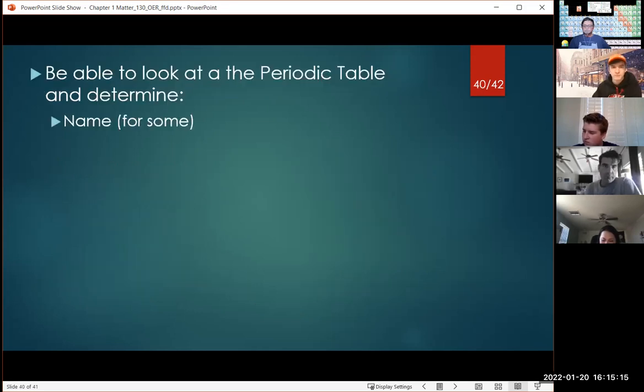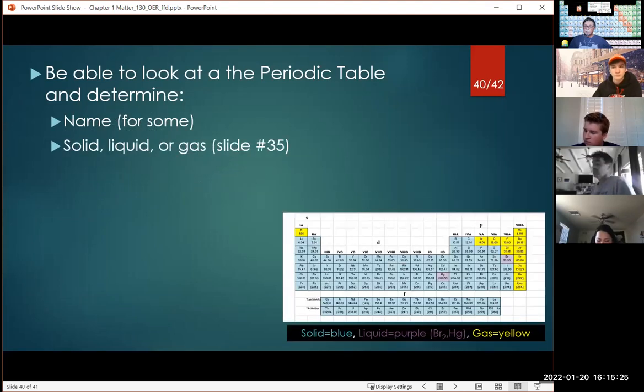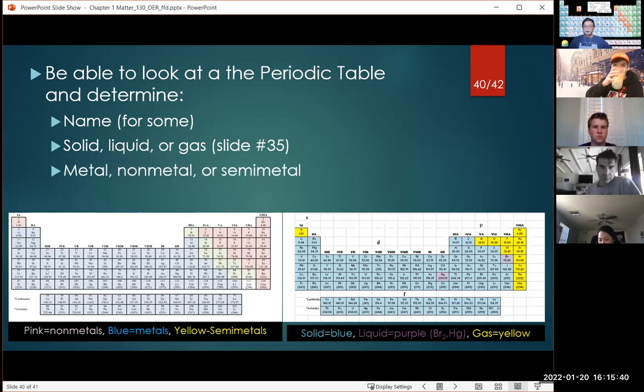Other than that, look at the periodic table. Be able to determine the name, at least for the first 20 of the ones we gave you. Slide 34 tells you, of all the elements there, which ones are solids, which ones are liquids, which ones are gases, just by their position in the periodic table. Looking at that little stair step helps you determine who's a metal, who's a non-metal, and which one's a semi-metal, or you may hear the term metalloid.